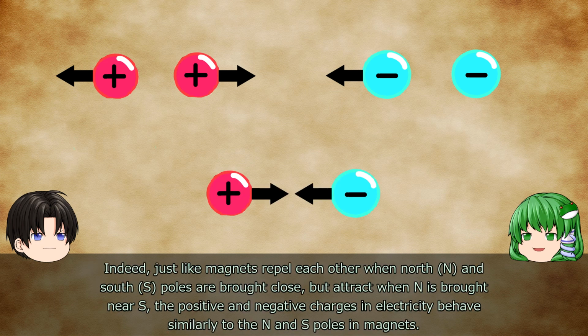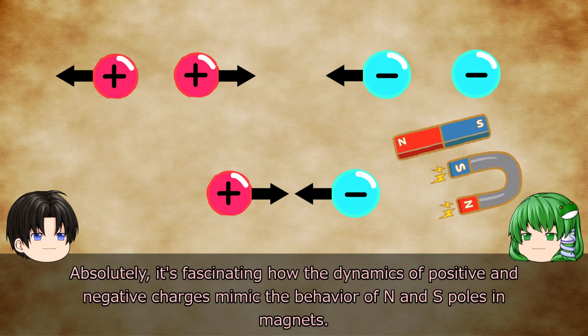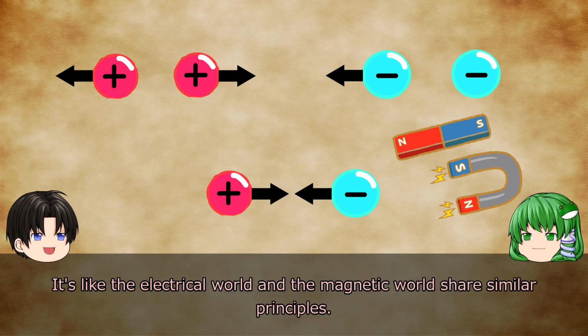Indeed, just like magnets repel each other when the same poles are brought close, but attract when N is brought near S, the positive and negative charges in electricity behave similarly to the N and S poles in magnets. Absolutely. It's fascinating how the dynamics of positive and negative charges mimic the behavior of N and S poles in magnets. It's like the electrical world and the magnetic world share similar principles.